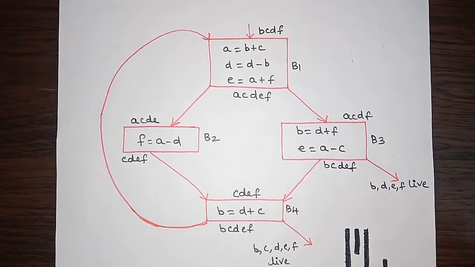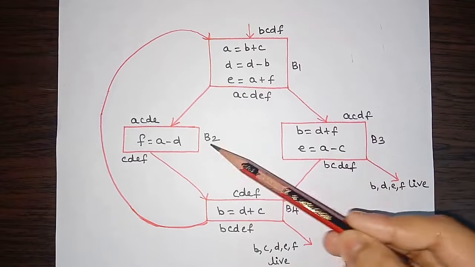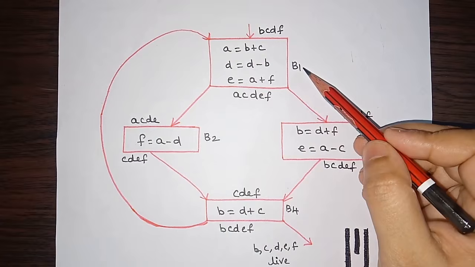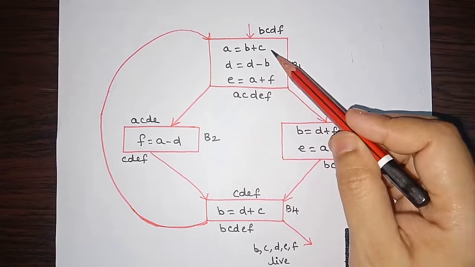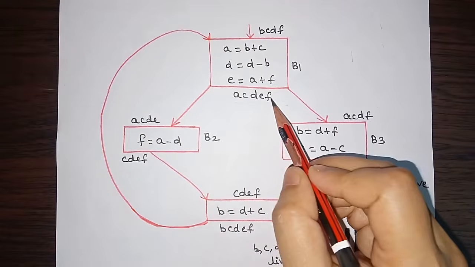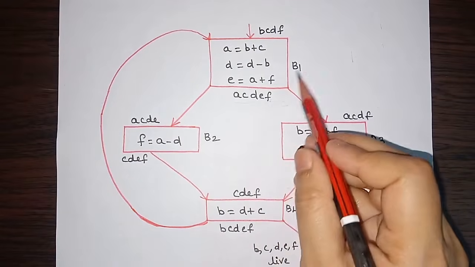Let us consider this flow graph, which contains 4 blocks, that is B1, B2, B3 and B4. Block B1 contains 3 statements, and these are the live on exit variables of block B1.